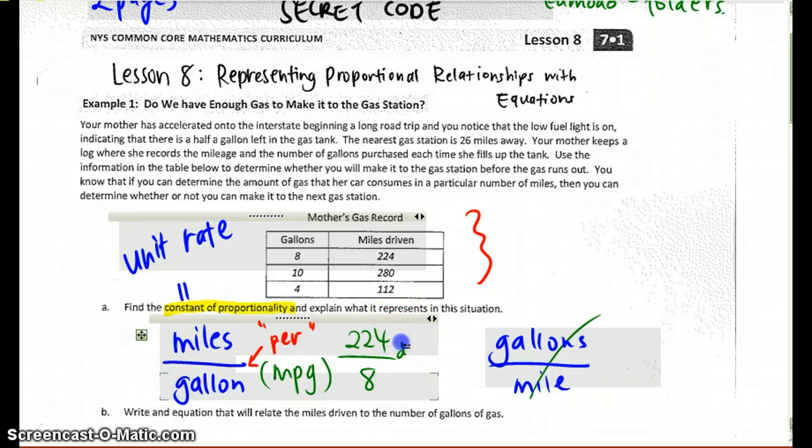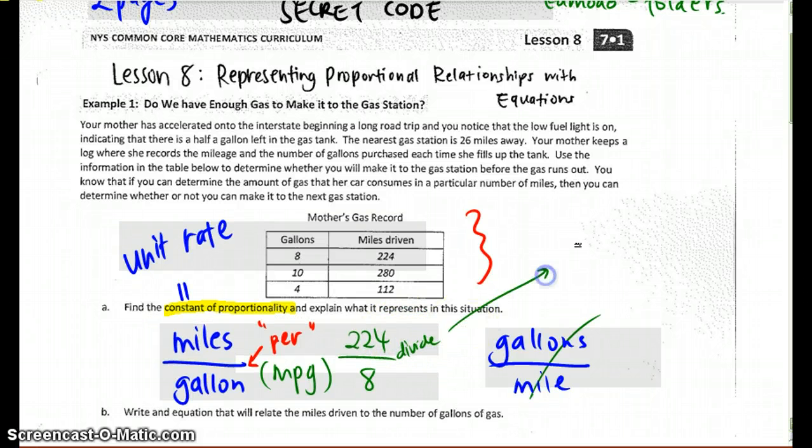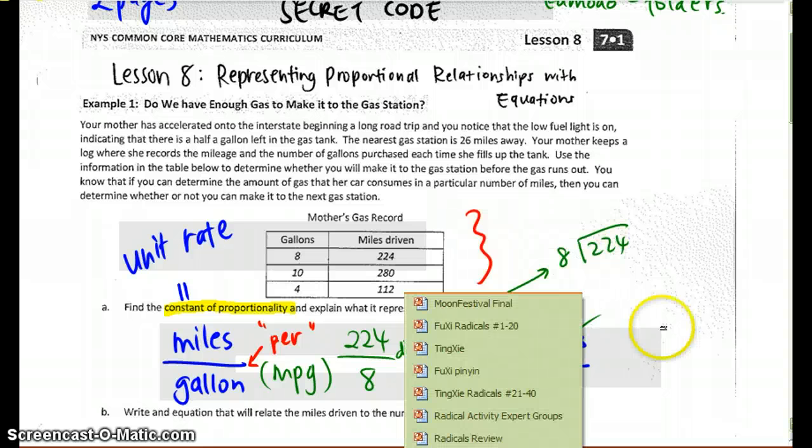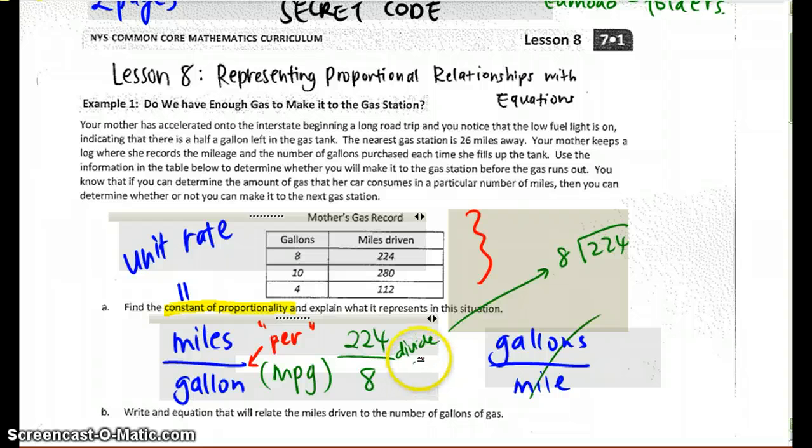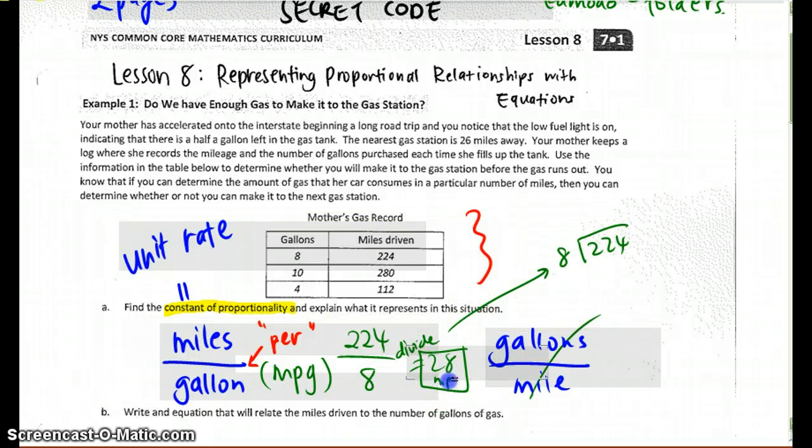If I divide that, go ahead and divide, and this is where you can work it out yourself, and you can pause the video to wait for the answer. When I divide it, I will get 28 miles per gallon, MPG.